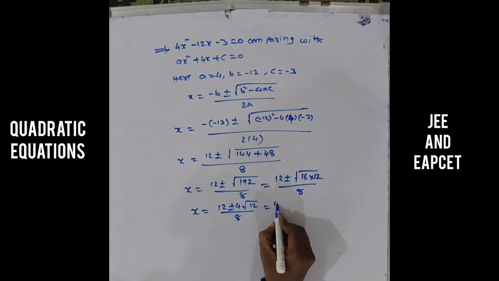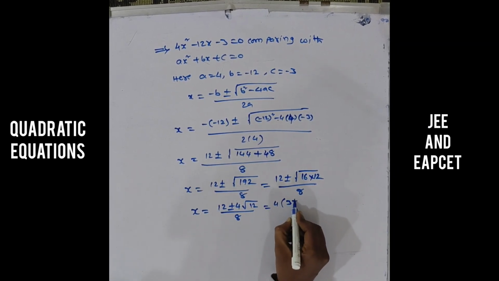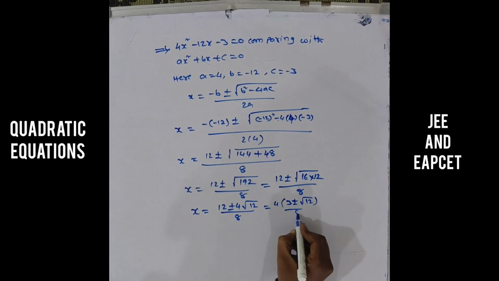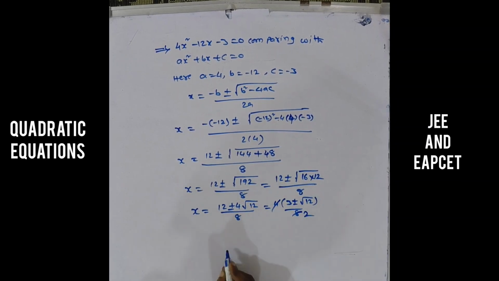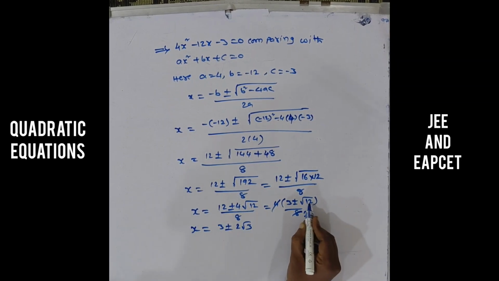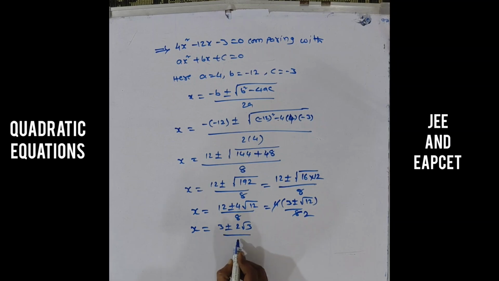Okay, here 4 is common. 3 plus or minus root 12 by 2. x is equal to 3 plus or minus 2 root 3, since 4 into 3 is 12 and root 4 is 2, by 2.